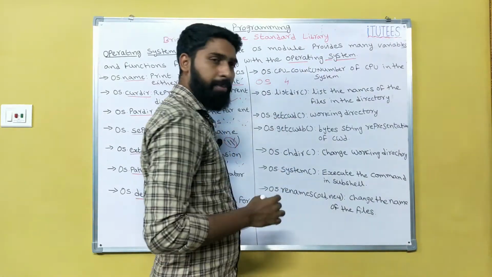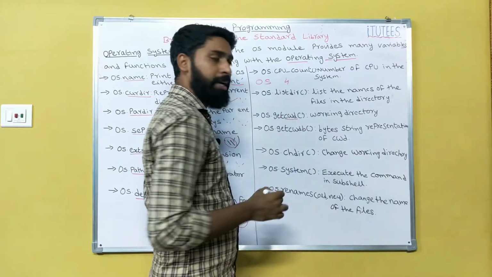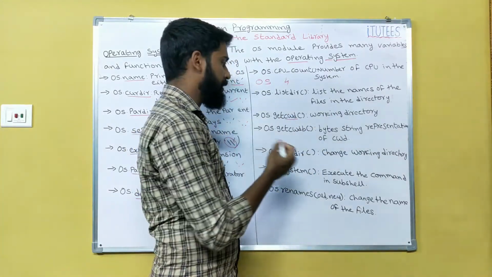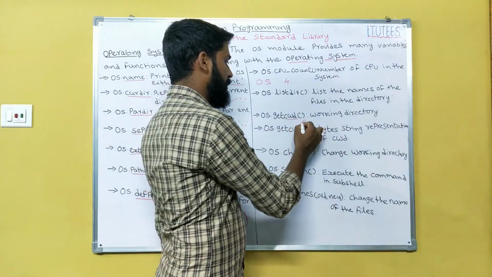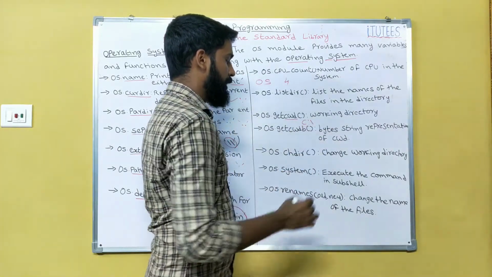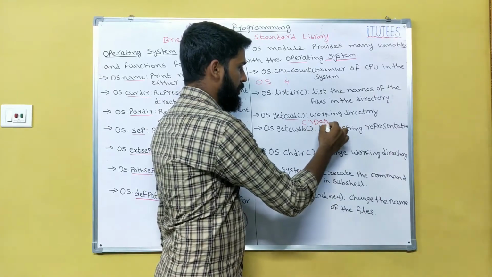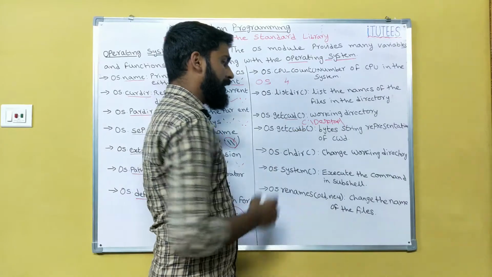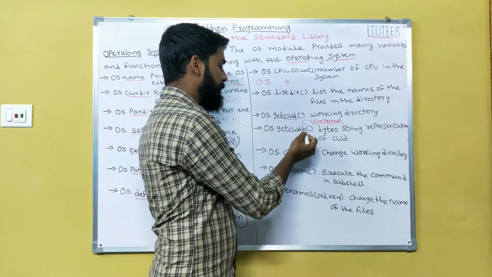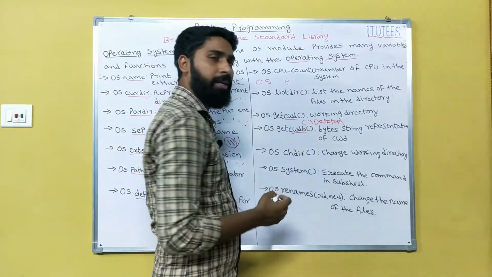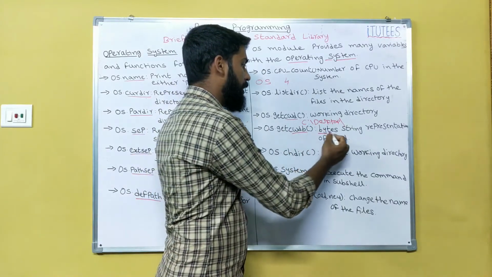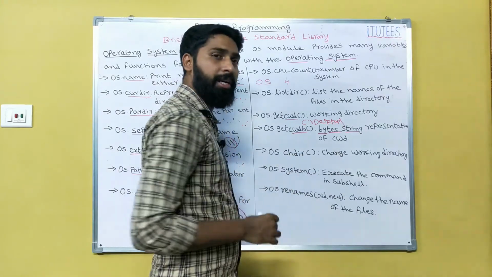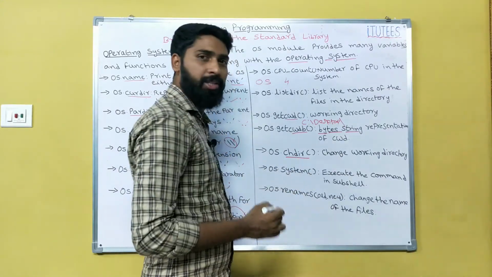os.getcwd, where cwd means current working directory, prints the current working directory. For example, I am on the desktop, then it prints C:/desktop/. os.getcwdb gives the current working directory in the form of a byte string. os.chdir means change directory.